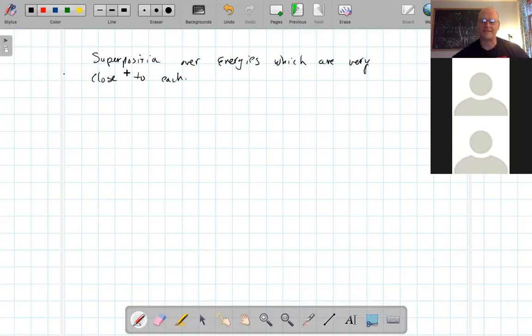Since each one of these energies is very close to each other, we can look at this as a quasi-continuous distribution.